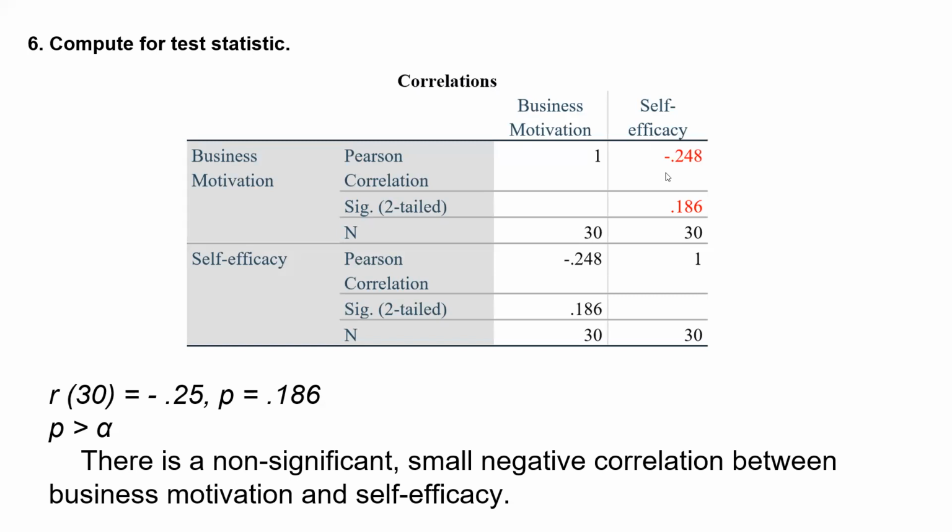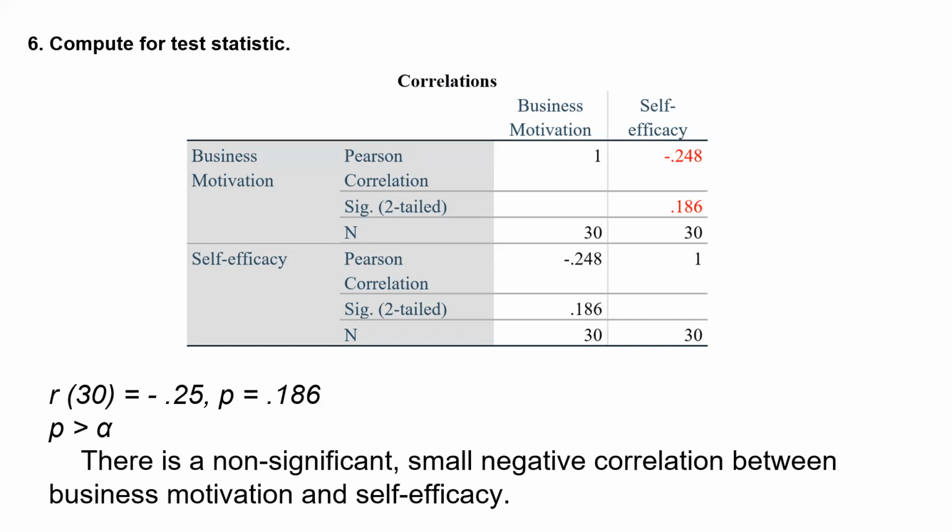If your answer is negative, you really have to indicate the negative sign. I rounded it to 2 decimal places, so it's negative 0.25, comma, p equals the Sig. (2-tailed), which is 0.186. So 0.186 is greater than 0.05, right?